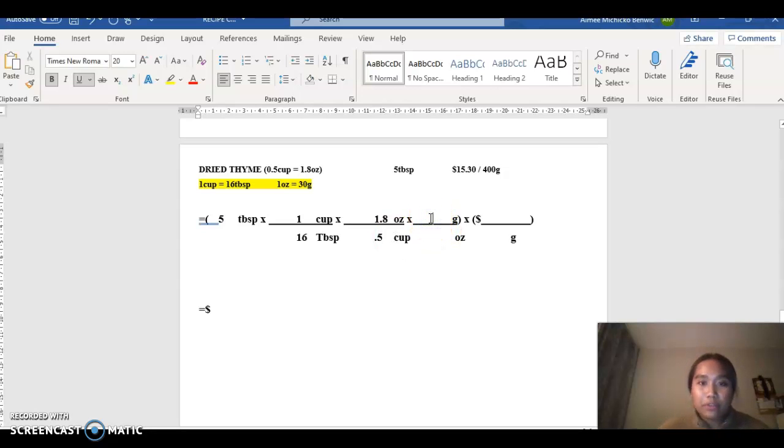So we have to convert more. In 1 ounce there are 30 grams, and let's copy the price of $15.30 per 400 grams, and that gives us $1.29 for our dried thyme.